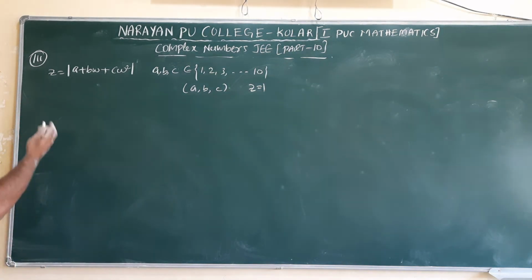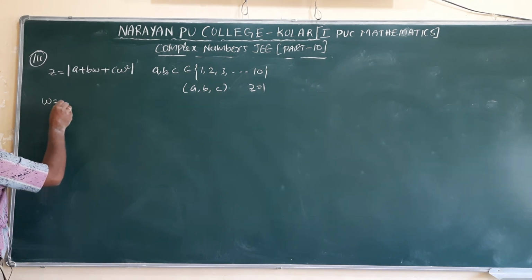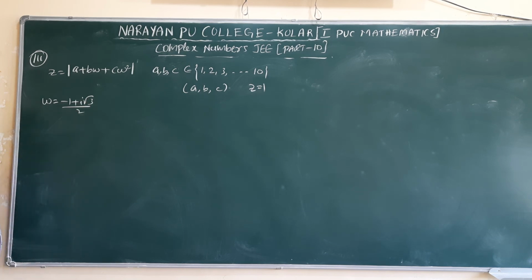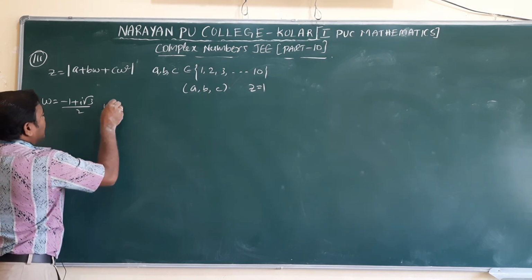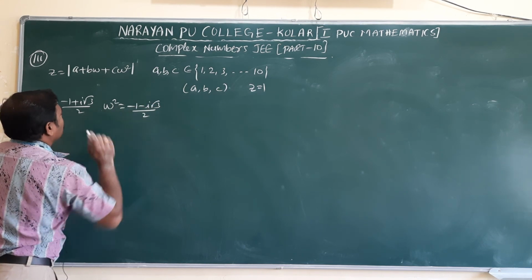Now here they have given omega is the cube root of unity. Omega value is minus 1 plus i root 3 by 2, omega square is equal to minus 1 minus i root 3 by 2.